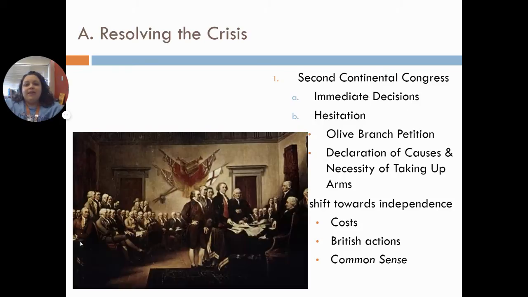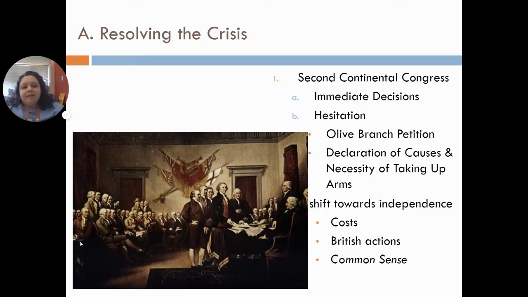So with the start of the American Revolution, when Lexington and Concord happened in 1775, it basically starts this conflict where the colonists are starting to determine, what is it that we actually want? Do we want full-on independence? Do we want basically some reform from the British? What are we actually declaring? What are we actually fighting for?